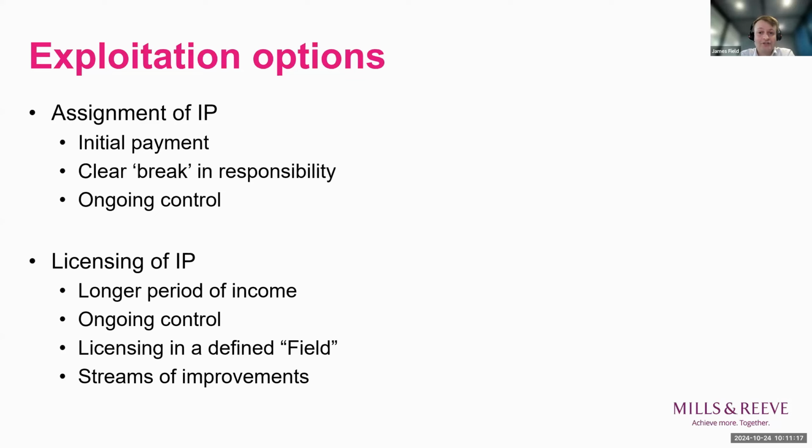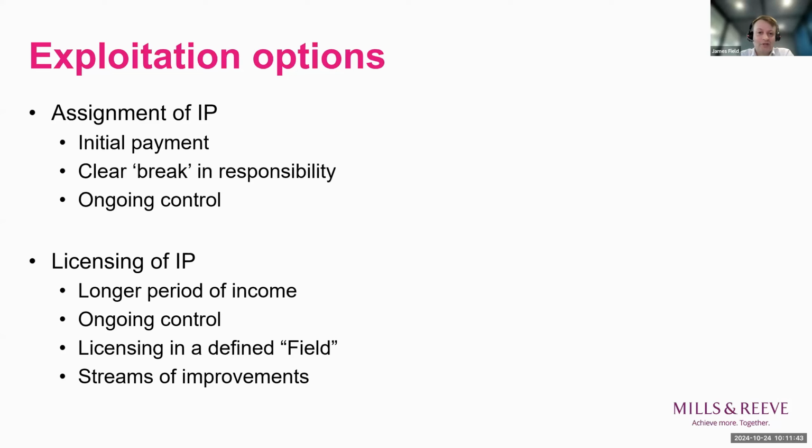And there are various benefits and drawbacks with both of these options. So taking assignment first, an initial benefit to the university is that it might be able to quite quickly realize some income from the IP. So in a standard assignment agreement, the transfer of ownership will happen immediately or very soon after signature.